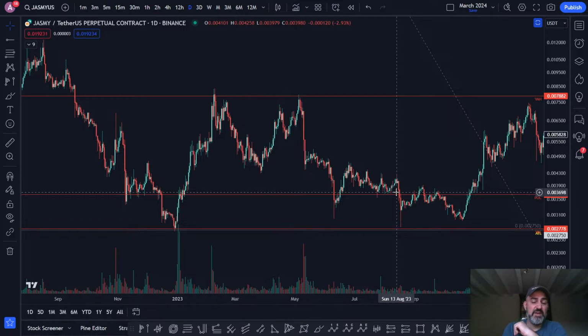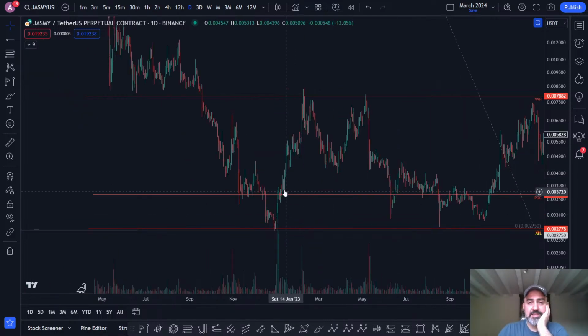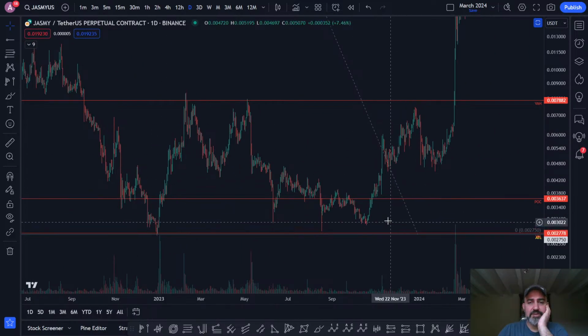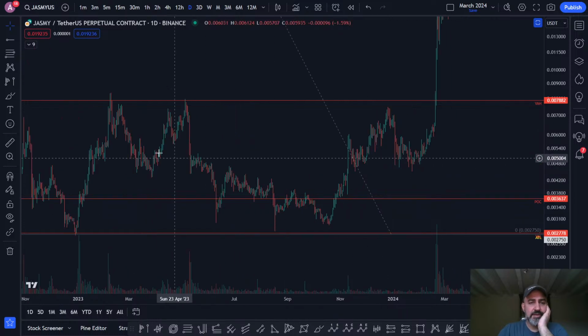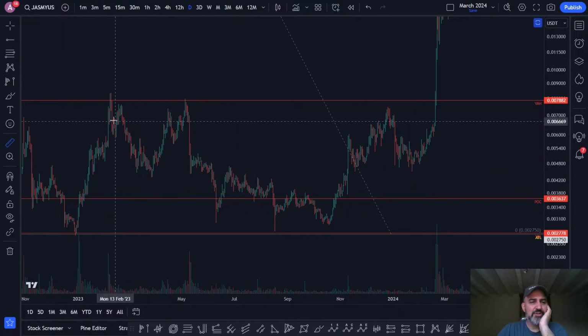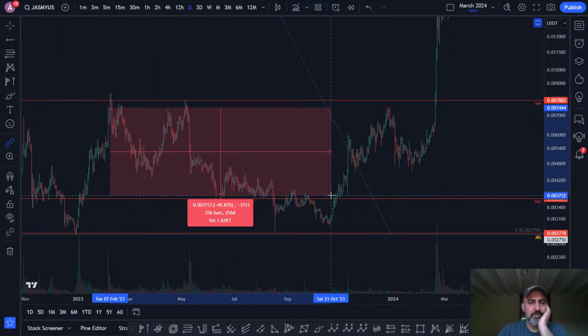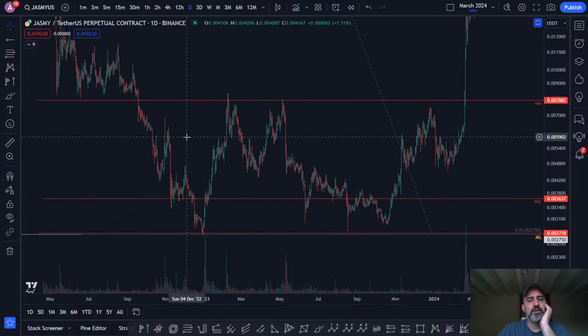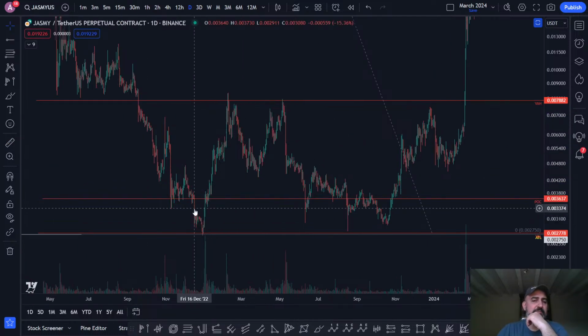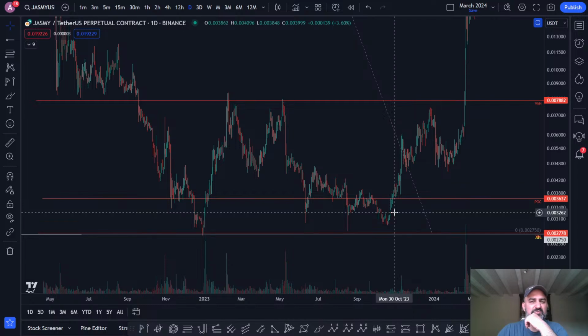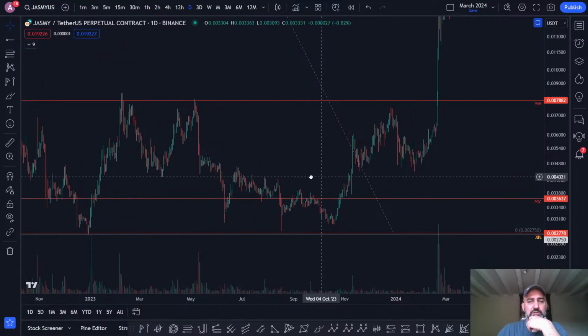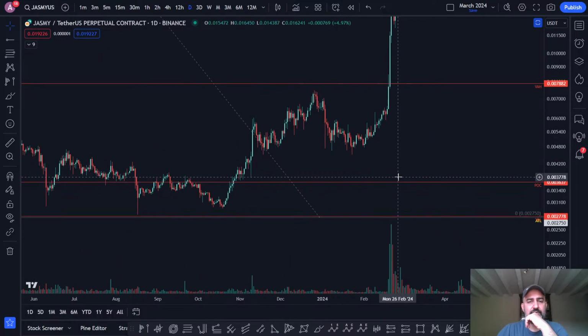Was that the first move, the first wave? And then what we're seeing is a correction? I can't tell. It's quite a long correction for that move, to be honest with you. It's probably too long. So I'm just going to ignore it for now.